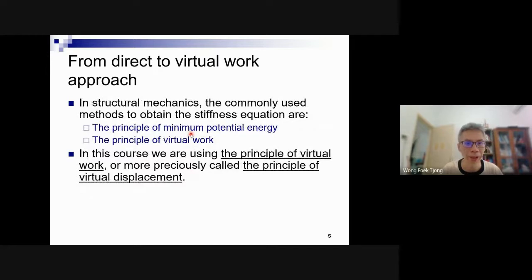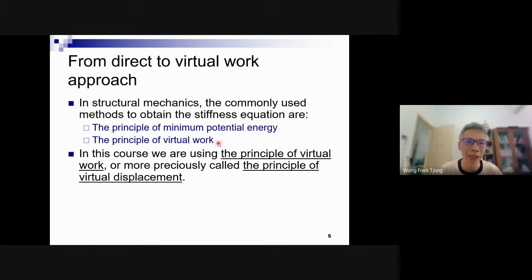Well, our concern is structural mechanics. In structural mechanics, the commonly used methods to obtain the stiffness equation are the principle of minimum potential energy or the principle of total work. In this lecture, I choose the second one. Of course, I can choose the first one. It works equally well, but I have to choose one, right?